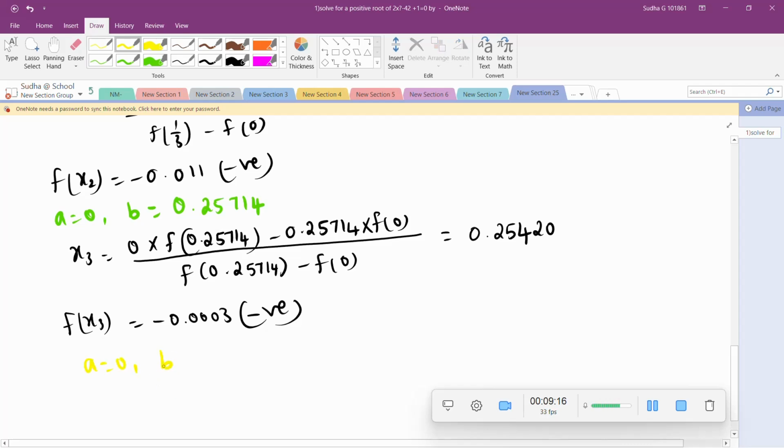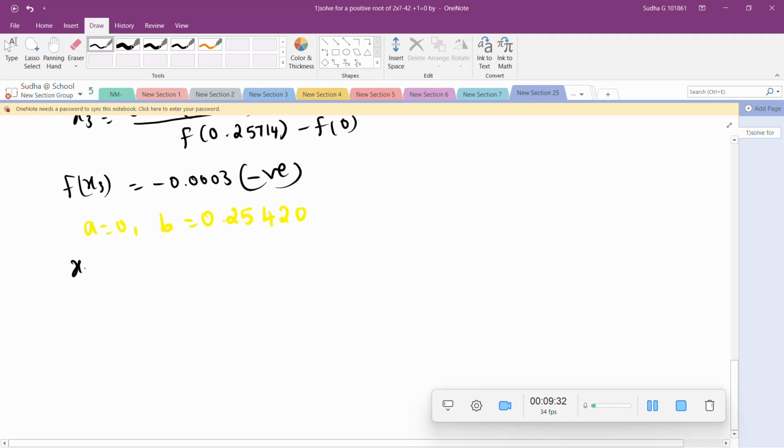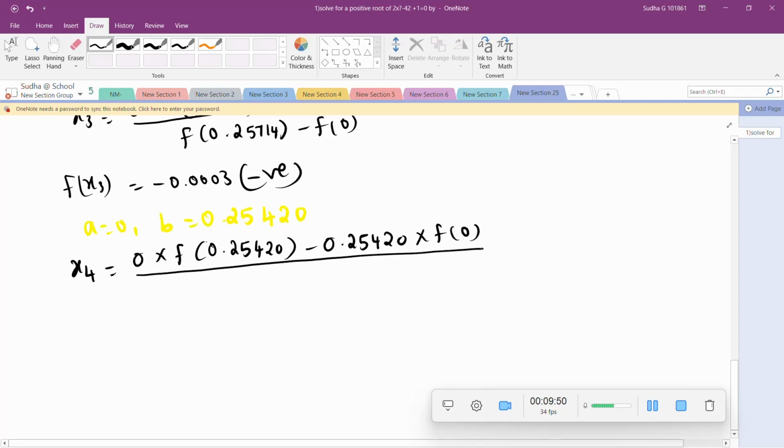So a equal to 0, b equal to 0.25420. So x4 equal to 0 into f of 0.25420 minus 0.25420 into f of 0 divided by f of 0.25420 minus f of 0.